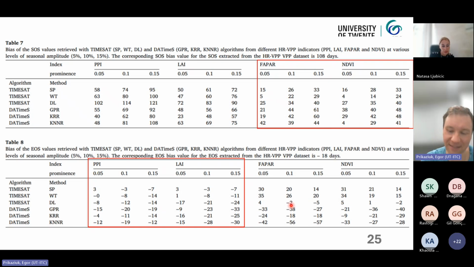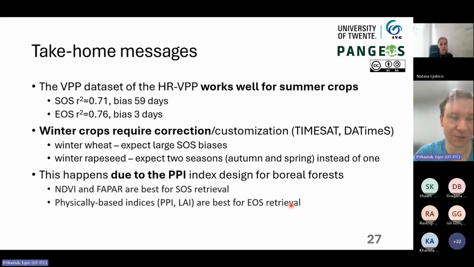So overall, what this study shows is first that the VPP dataset, vegetation phenology and productivity of Copernicus, you can directly take it for summer crops if you are satisfied with this performance. Start of season R-square 0.71, bias of 5 days with start of season date. End of season 0.76, bias of 3 days. I think really cannot make it better.